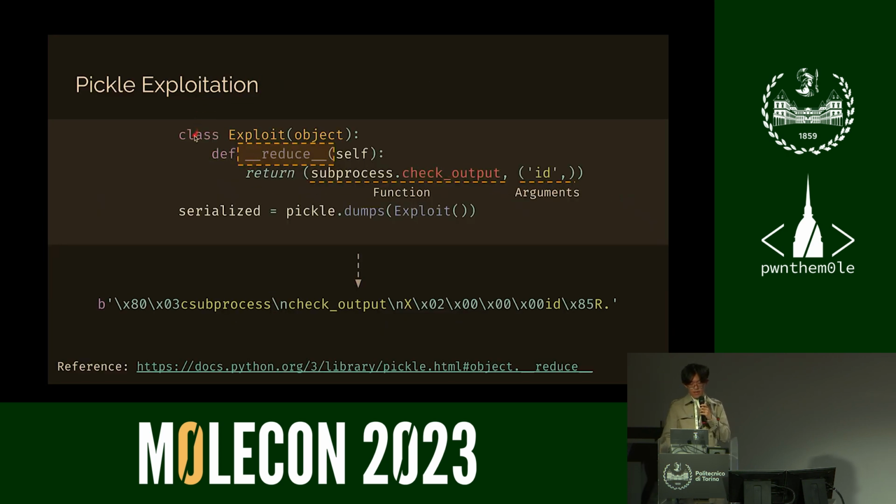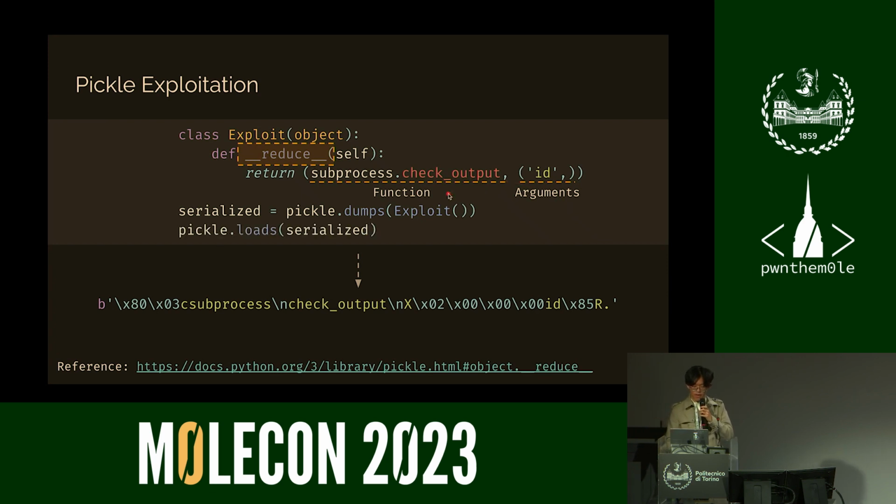You can just write a class like this with a reduce method, and the reduce method returns a tuple. The first element of this tuple is a function, and the second element is a tuple of the arguments you want to call.